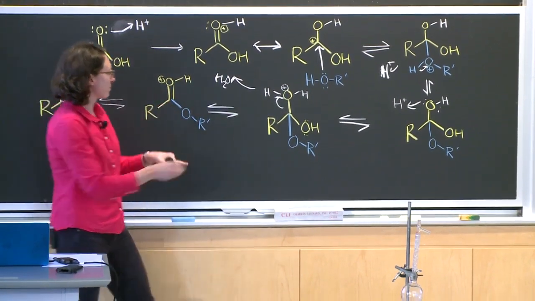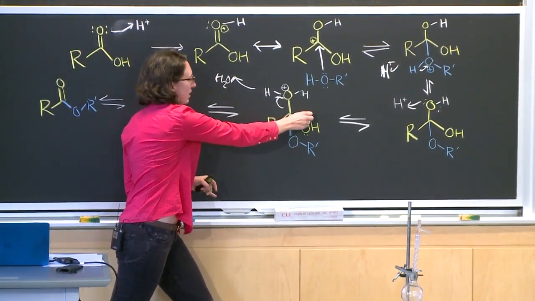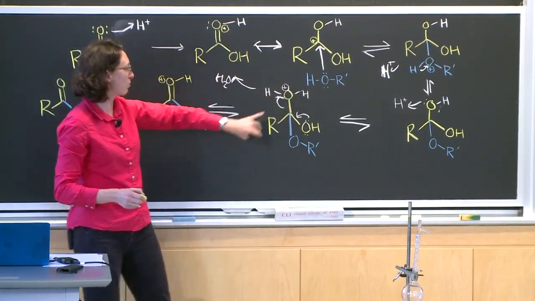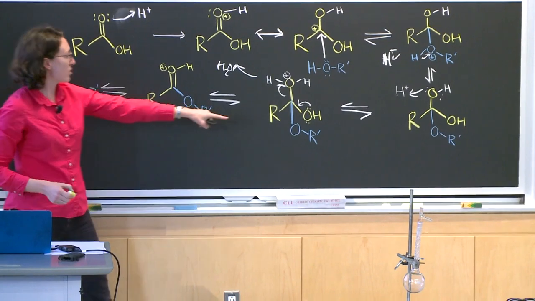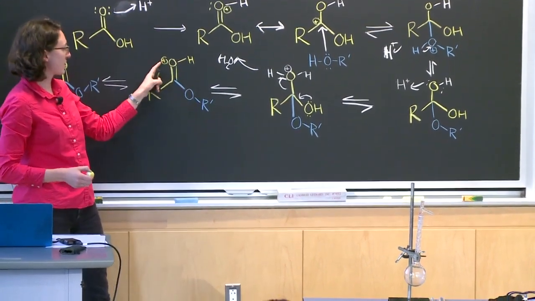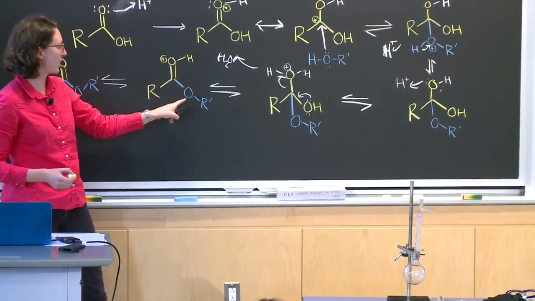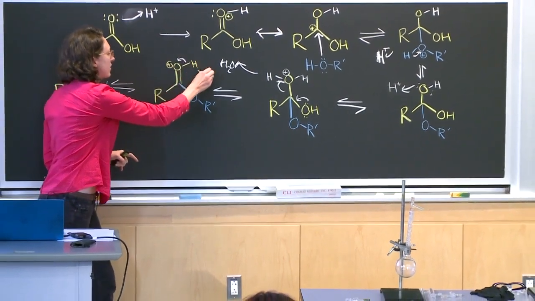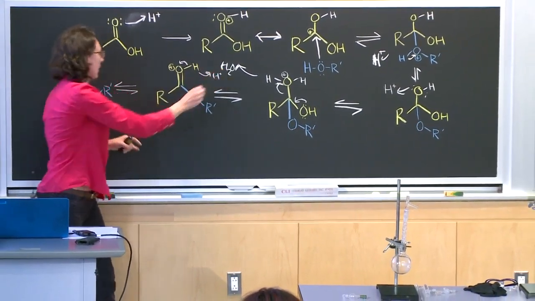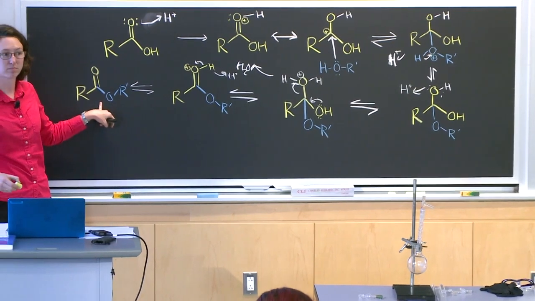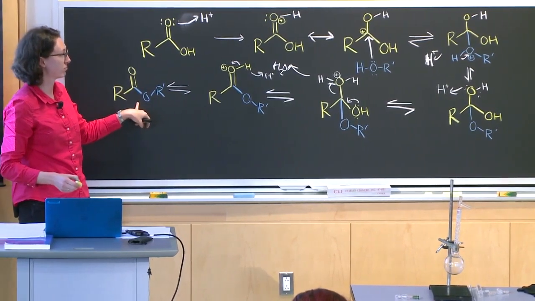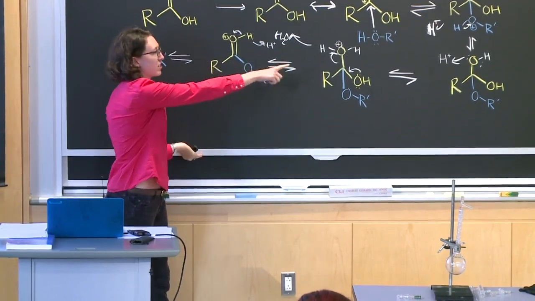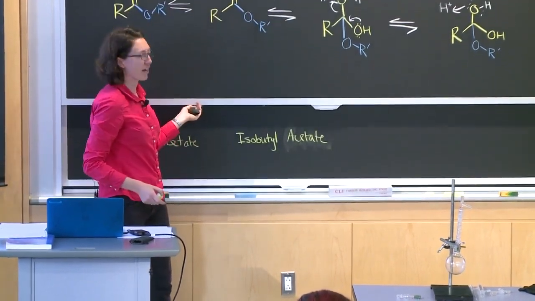And to balance this whole thing out, you're also going to have these electrons come down and form a double bond to help drive that water out. So now we have a double bond here. It has a positive charge and a proton still on it. So we can have this proton leave as a proton. And we have made an ester. Ta-da! And then we've regenerated our acid, so that's why the sulfuric acid is our catalyst.